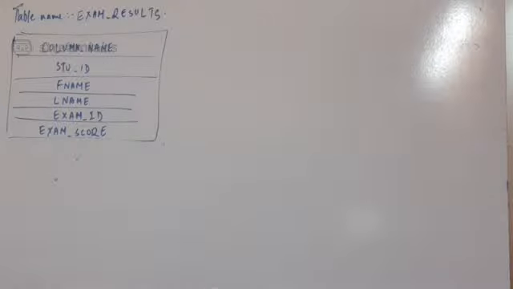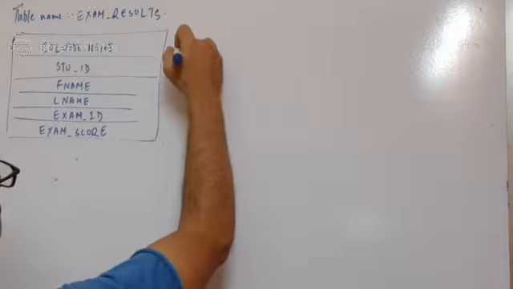Now you need to use an SQL statement to find the average exam score for exam ID equal to 1. So again we'll be making use of an aggregate function.